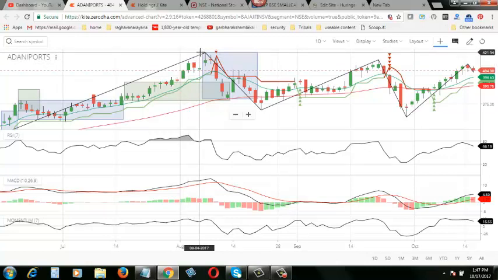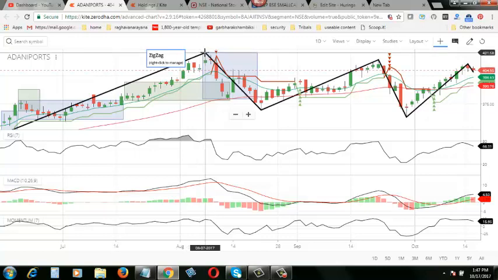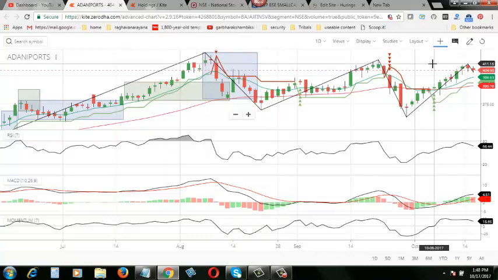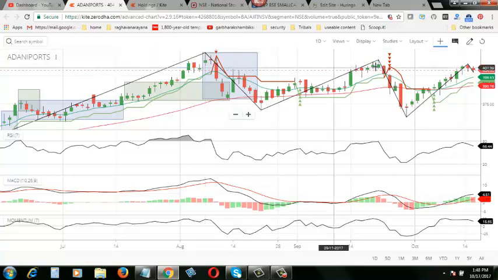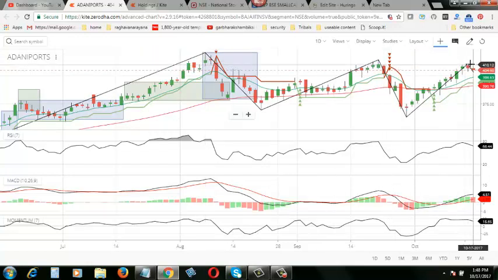Adani Ports has peaked. The peak price of Adani Ports so far is 421, which happened on August 7th. Today, 410 is the latest peak. That means the peak price is going down.